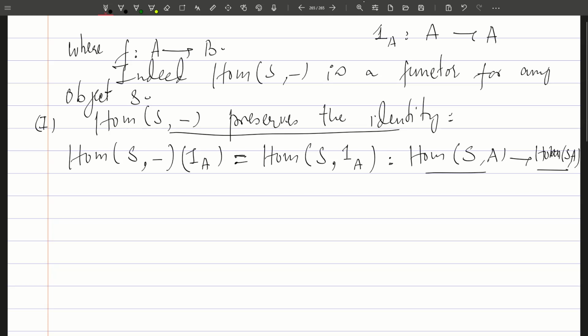So we have this is a function, for any object A.